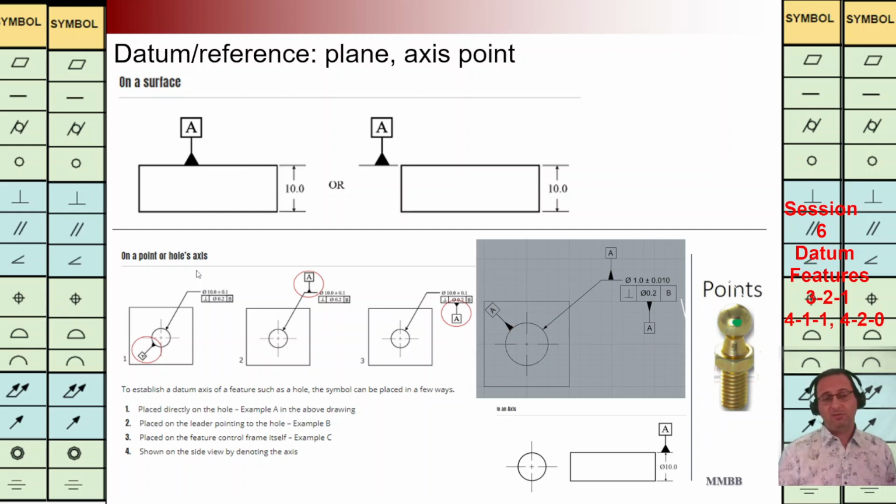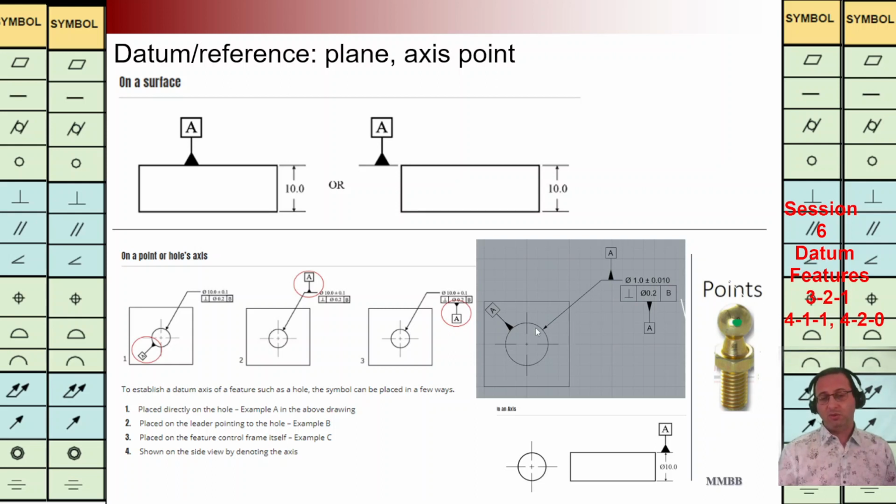Whenever we are going to define the datum axis, for example, for a hole, as we can see here, or for a pin, we can connect this symbol to the surface of the hole, or it can be connected to the leader arrow, or it can be connected to the feature control frame for the hole or the pin, as we can see here.